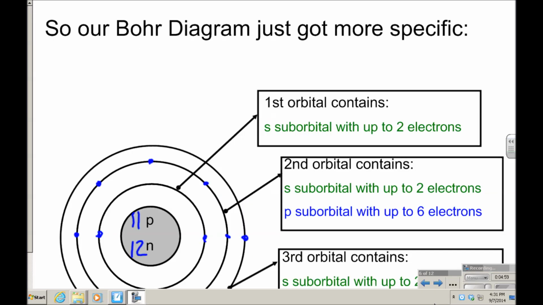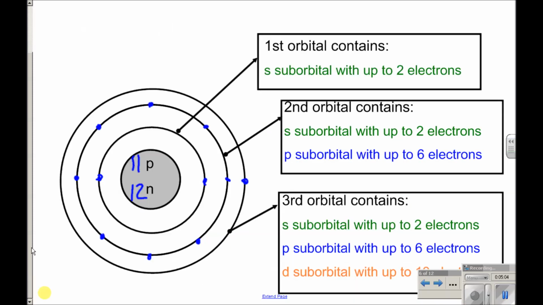So our Bohr diagram just got more specific. We have our first orbital, that first shell around the nucleus, and within that first orbital there's a sphere-shaped s suborbital, and that can hold up to 2 electrons. And that second orbital, remember we said it could hold a total of 8 electrons? Well, here's where those 8 electrons come from.